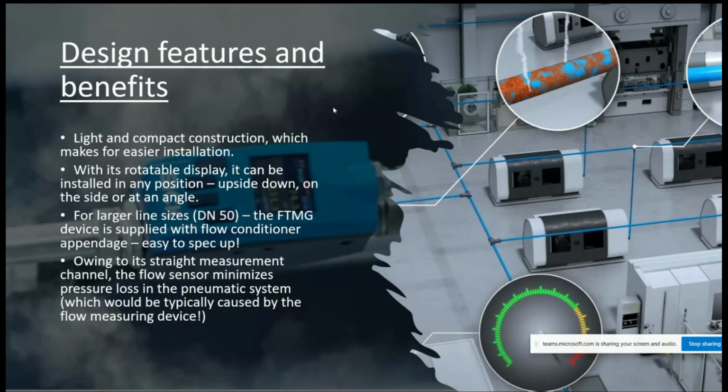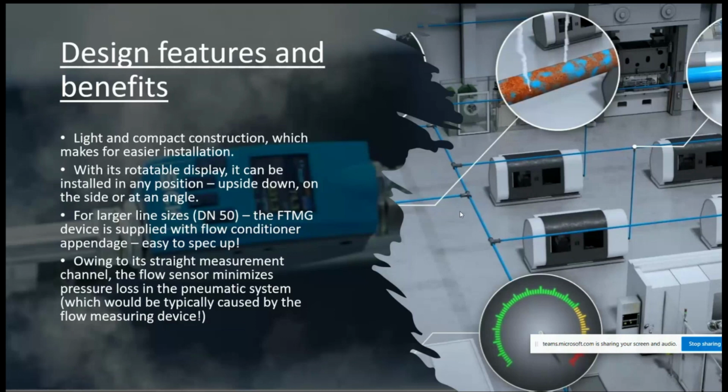You want to minimize pressure loss, and in other devices today, that pressure drop in the line is introduced by the actual probe element. So SICK have thought this through and made it as comprehensive and disruption-free as possible.